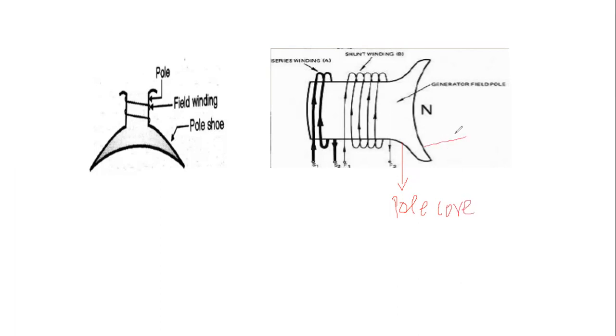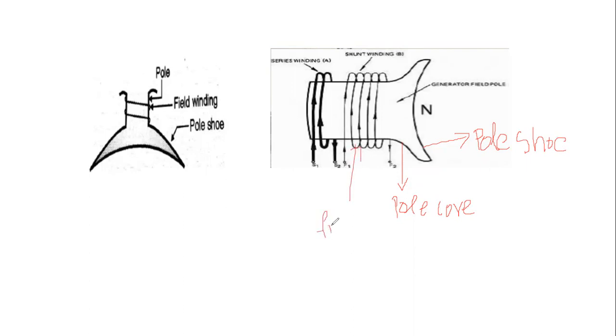This is the pole shoe, and this is the field winding.